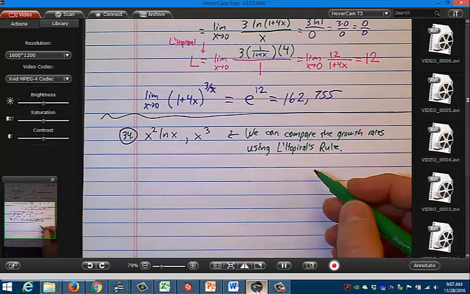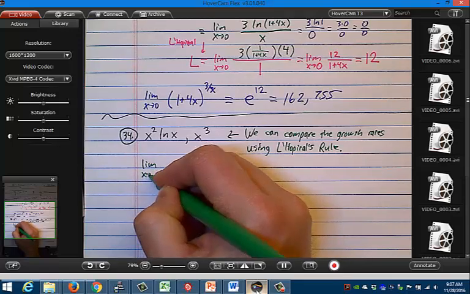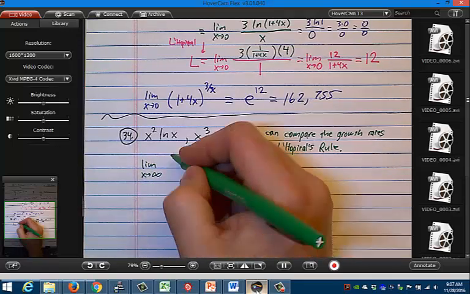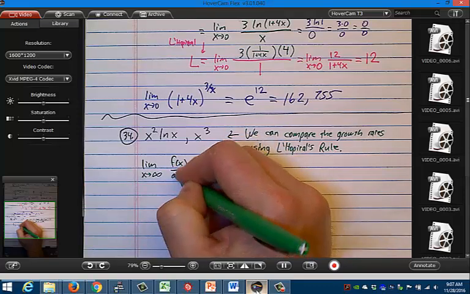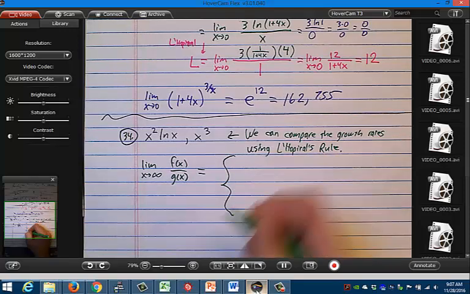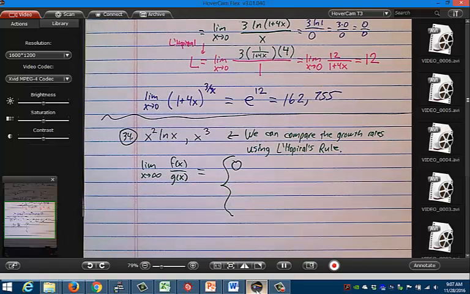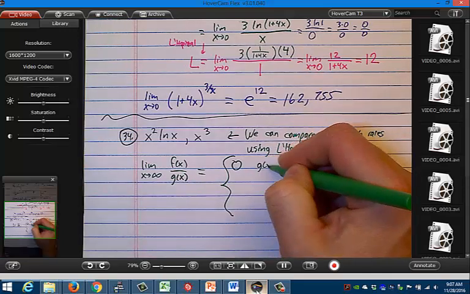I compute the limit as x approaches infinity of f of x over g of x. And there are some different possibilities. Suppose I get 0. If I get 0, what does that tell you about the two functions? Well, this would mean that g of x grows much faster.